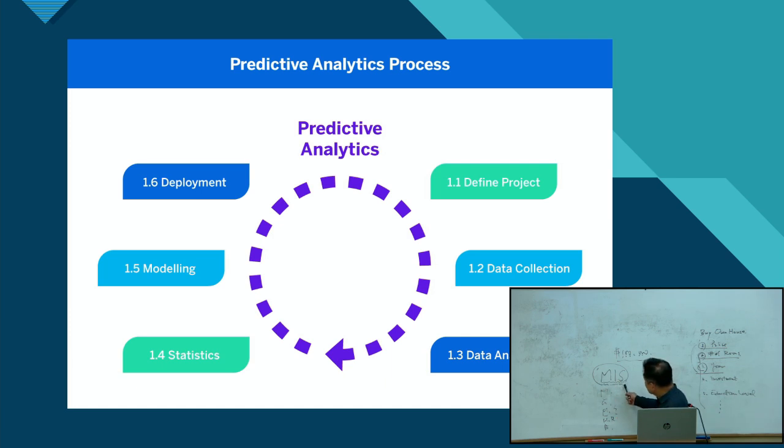So MIS defines: we get the data and some processing and make information for optimal decision making. This is the series of the MIS.